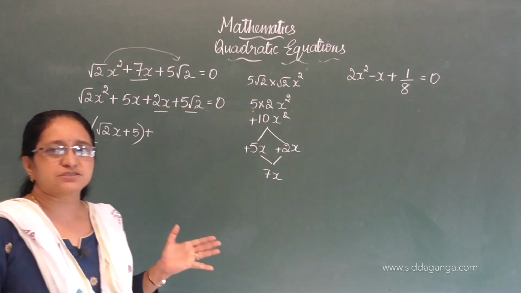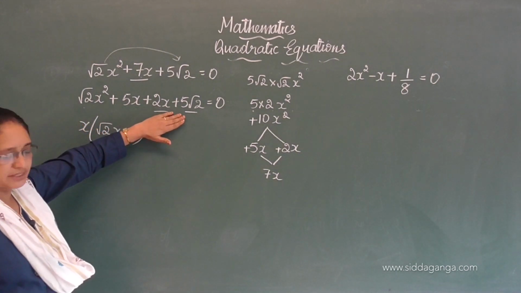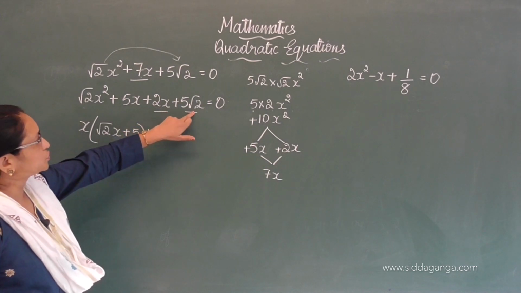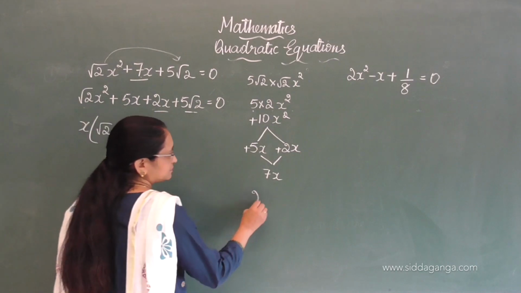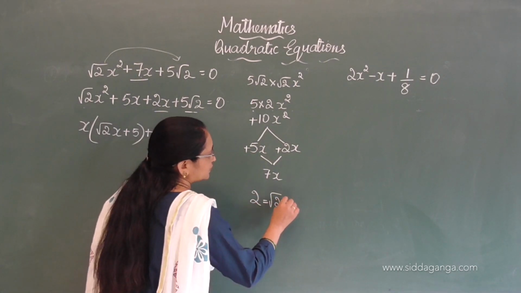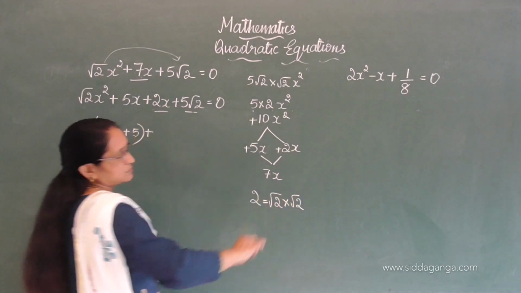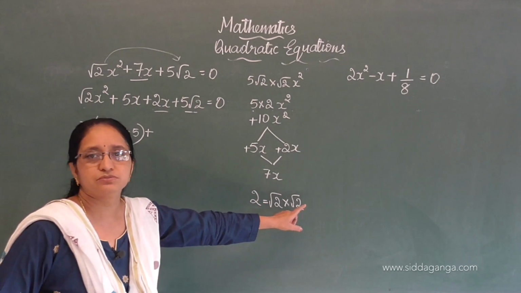So, it appears there is no common there, but there is common. See, just observe carefully again here. Root 2 and here 2 can be written as root 2 into root 2. Do you agree? Why?